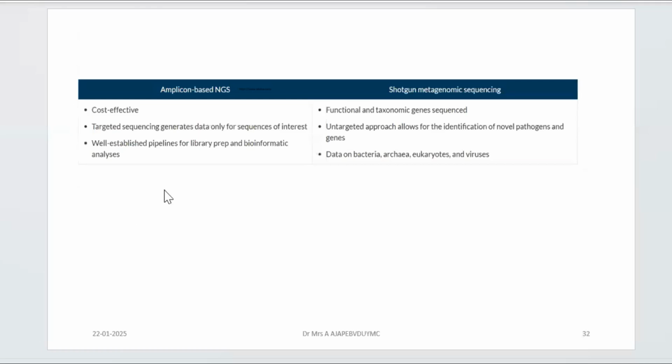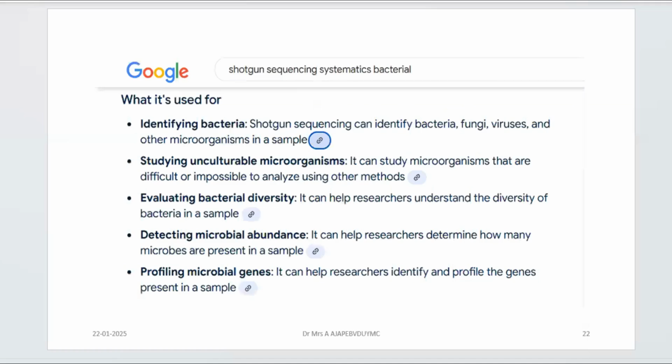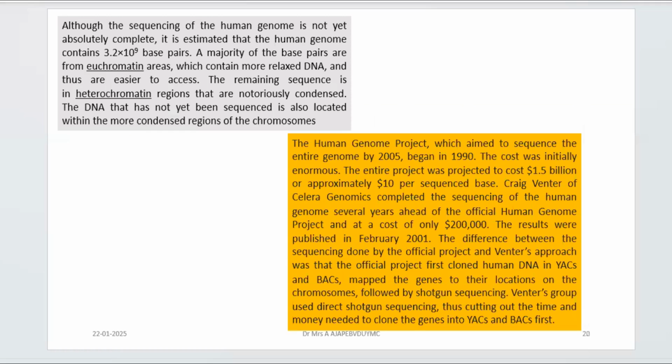So amplicon based and shotgun based, we have talked about it. There is something which I wanted to share with you about the human genome, right? When we talk about the human genome project, what is the size of the human genome?